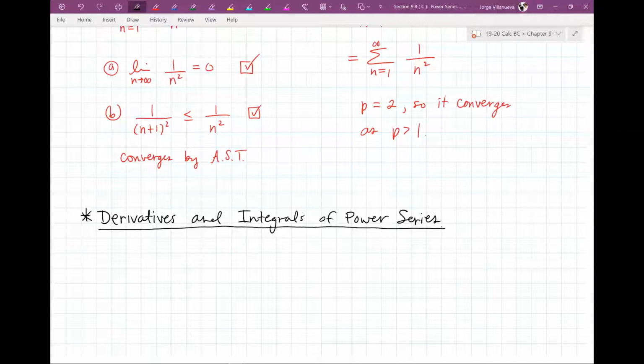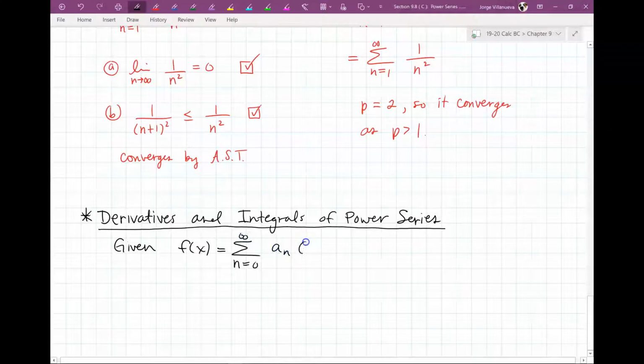So here we go. Given a power series. Okay, so we're going to call it a power series f of x, which looks like this. And it goes from 0 to infinity of a sub n times (x minus c) to the n.